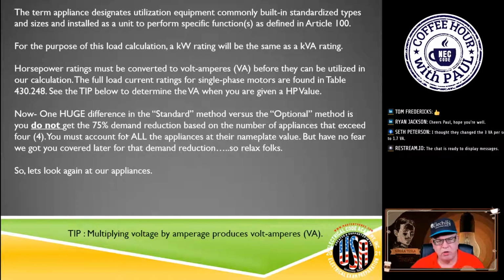All right, now, one huge difference between the standard method and the optional method when it comes to appliances. Are you ready? You do not get to do the 4 or more where you get to apply the 75%. Now, there's a reason for that. You're going to get one huge demand allowance here in the optional method. Huge. So you don't need that 75% demand factor for 4 or more appliances.